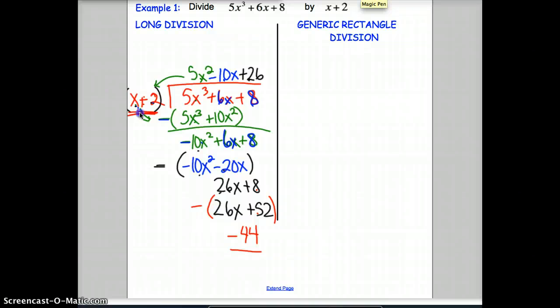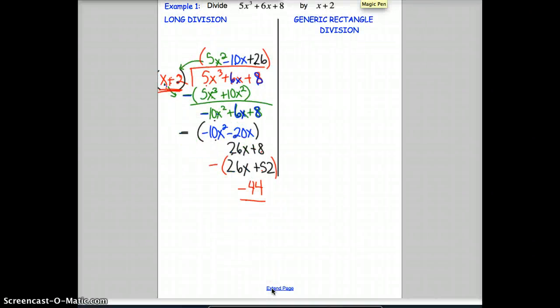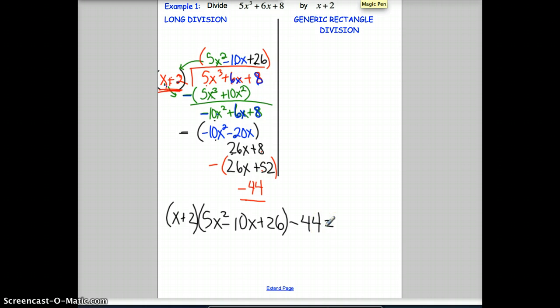Okay? So x plus 2 goes into this original polynomial this many times with a remainder of negative 44. So just to clarify what that means, it means that x plus 2 times 5x squared minus 10x plus 26, and then if you add on that negative 44, you will get the original problem, 5x to the third plus 6x plus 8.